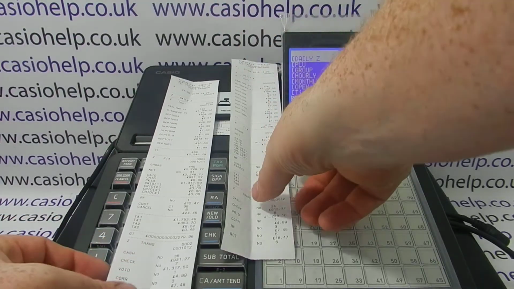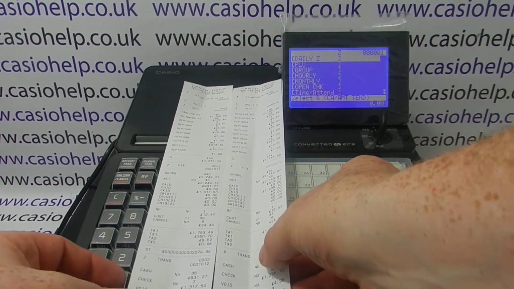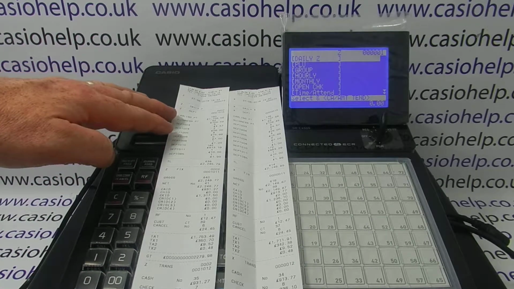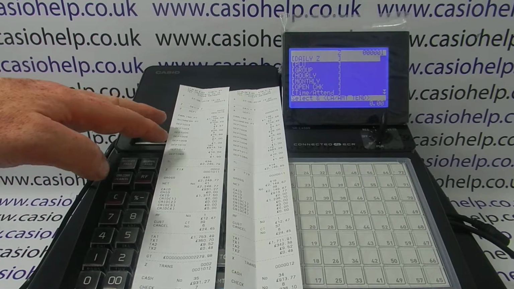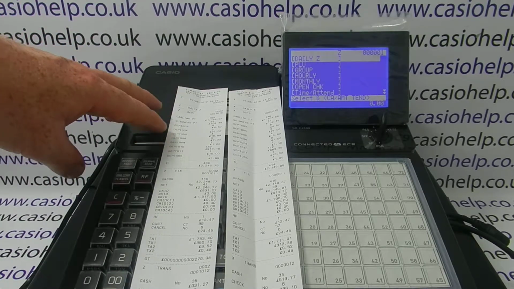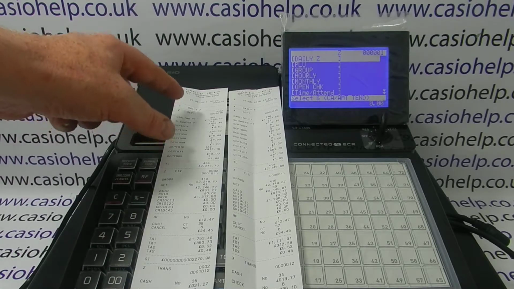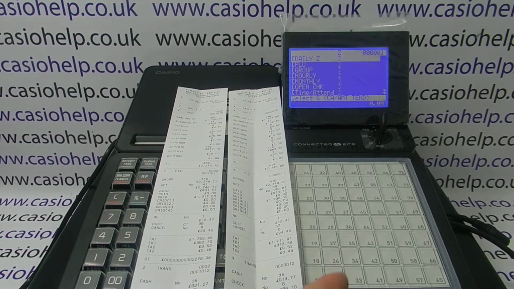We lay the reports together. There's several bits of information you're looking for. You've got your splits by department here, so they're useful information. If you've had your departments pre-programmed, that'll come up with all the department names on there. That's the total amount of money that's gone through each department, either through the button press or for any barcode or PLU items that are assigned to those departments, which is why you've got to be careful with your programming, where you're saving your PLUs and your barcode products to.